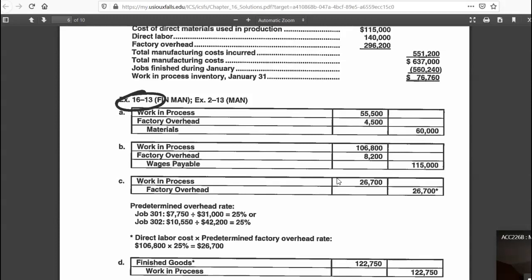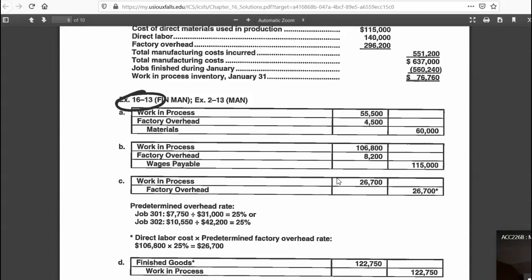If you look at 303 and 304 there, you see all the other costs are there, it's just not overhead. And then it says, in addition to the materials and labor charged directly to the job, there was $4,500 of indirect materials and $8,200 of indirect labor. So would you not agree those would be overhead items?